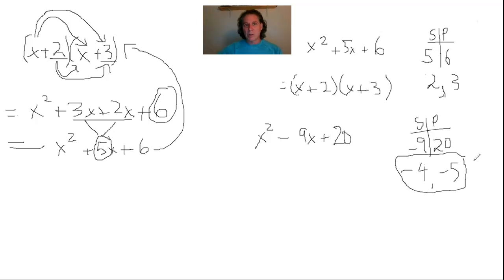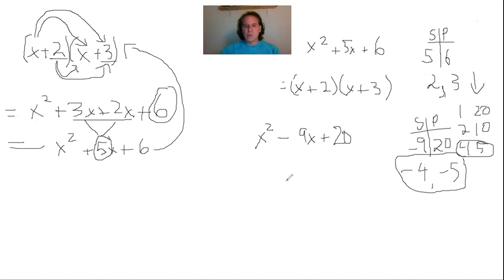If I'm taking longer than about 20 seconds, I'll just quickly write out, how do I multiply and get 20? I can go 1 times 20, 2 times 10, 4 times 5. So which of these, if they're all negatives, add up to 9? Oh, there's my set. So if I get stuck, just taking a second to write out these factors usually helps me find it fairly quickly.